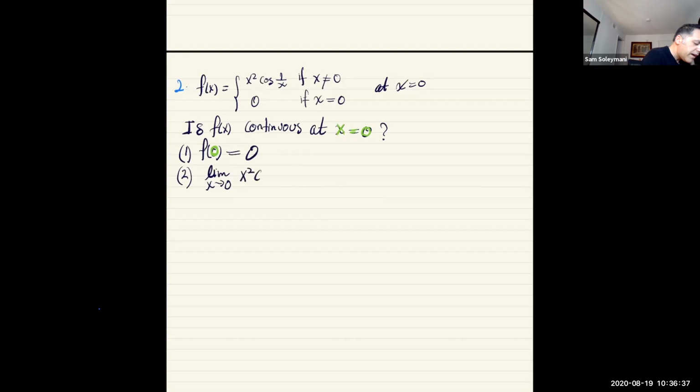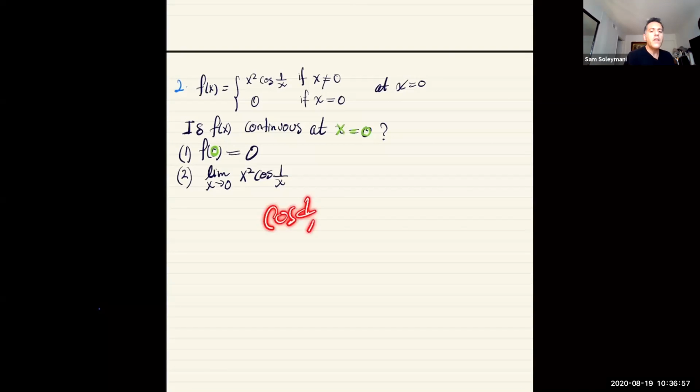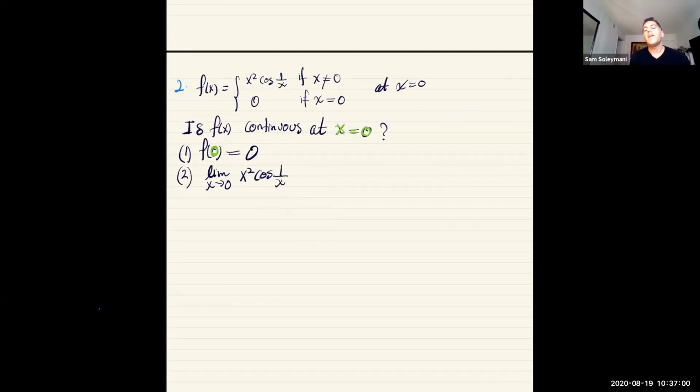Yes, so cosine of 1 over x, this 1 over x goes to infinity when x goes to 0, and this becomes undefined, correct? Okay, so this is the limit. As x goes to 0, that cosine of 1 over x is not going to become infinity or anything like that. It's just going to keep bouncing back and forth, but it bounces from -1 to 1.